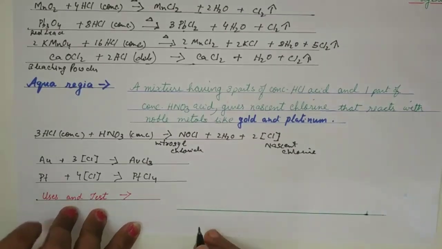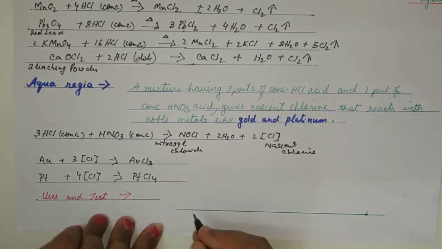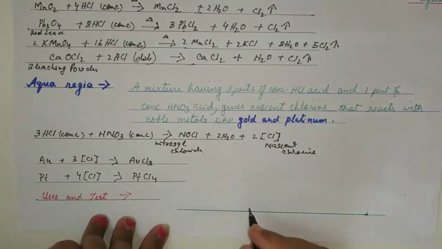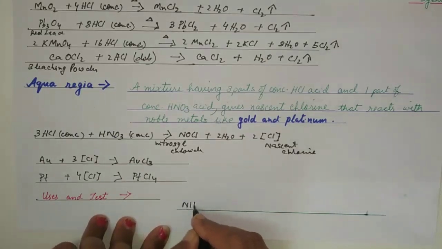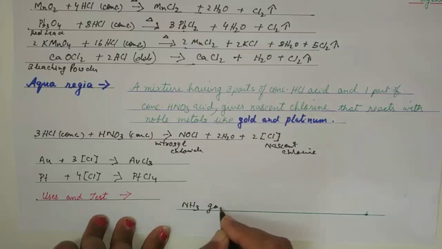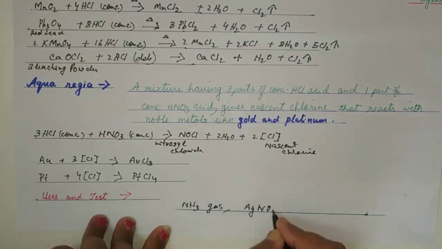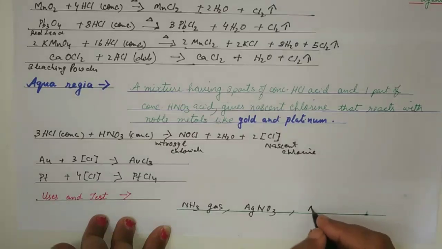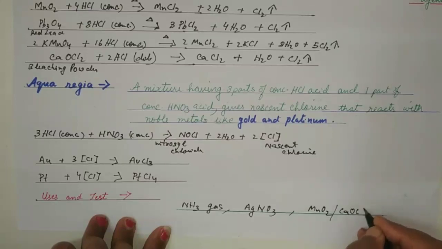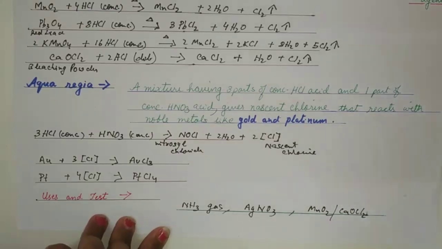Every time you have seen dense white fumes or a curdy white precipitate or a colored gas by the use of ammonia gas or silver nitrate or MnO2 or calcium oxychloride respectively.